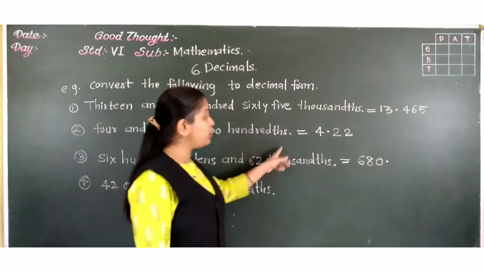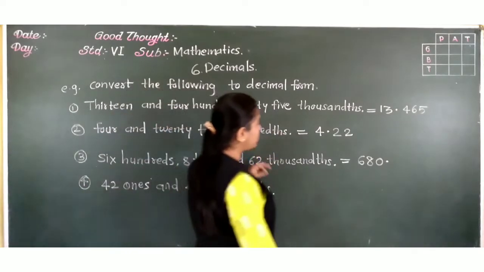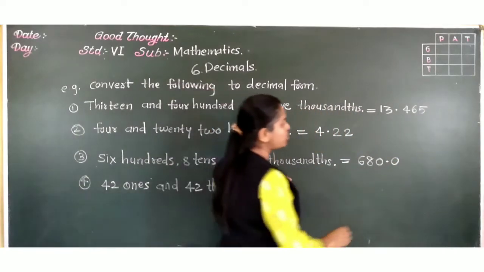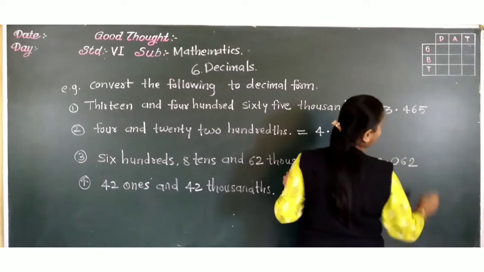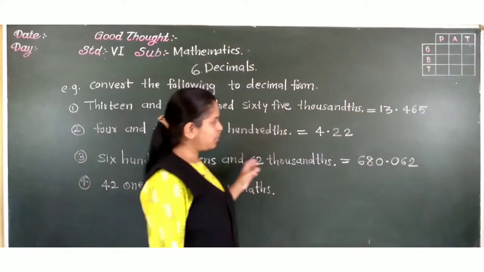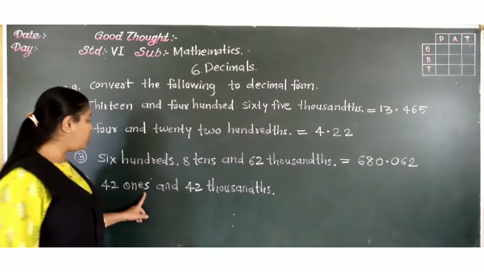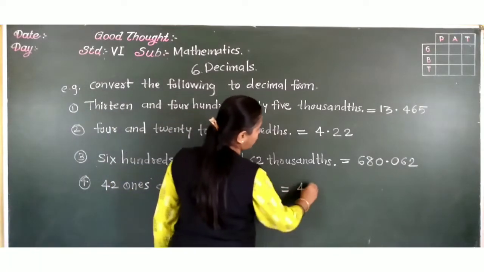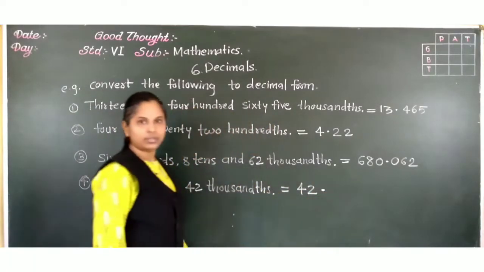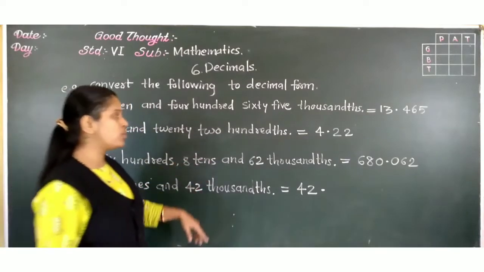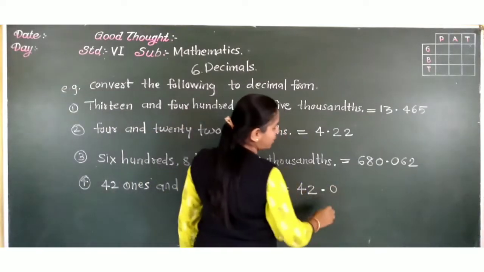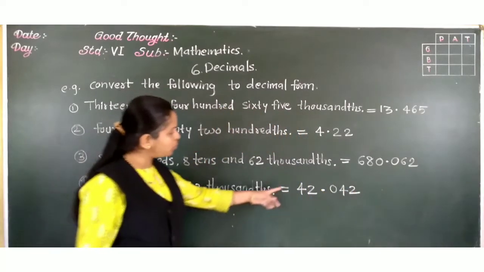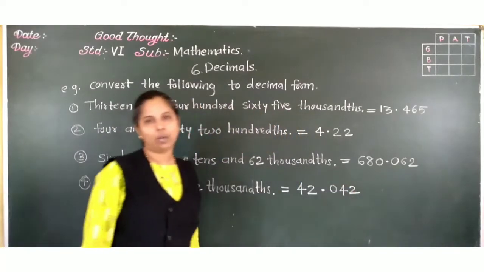And 62 thousandths. That is tenths place nothing is there. Direct how many thousandths are there? 62 thousandths. Okay. Next, 42 ones and 42 thousandths. So how to write 42 ones and 42 thousandths? Again here tenths place nothing is there. So how to write it? 42 ones and 42 thousandths.